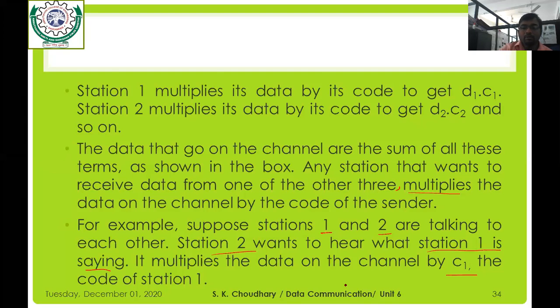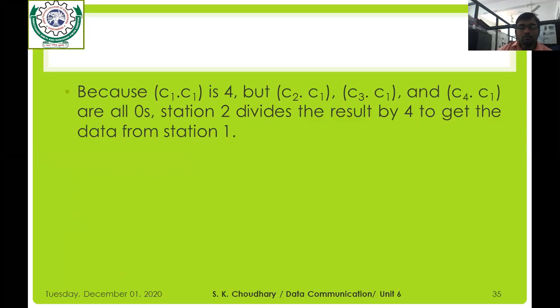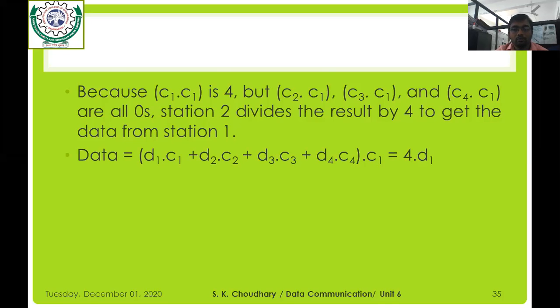We know that C1 into C1 is 4 here, but C2 into C1, C3 into C1 or C4 into C1 is 0, as per the methodology we have learned. So station 2 divides the result by 4 to get the data from station 1.